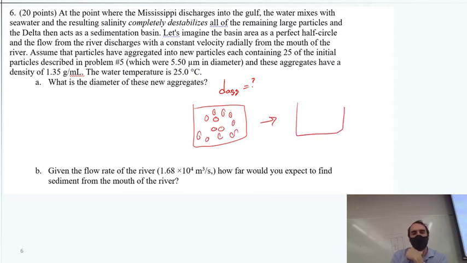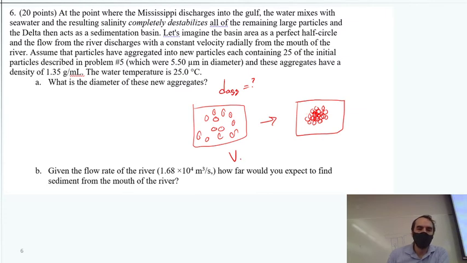And then in the volume, we have one particle that's made up of that same number of spheres. It's not going to be perfectly spherical necessarily, even if we end up assuming that, but it's going to be some aggregate that has the same volume as 25 of those ones, right? We don't know exactly the diameter yet, but we do know that the volume of these is going to be equal to the same volume, right? The floc volume stays the same.